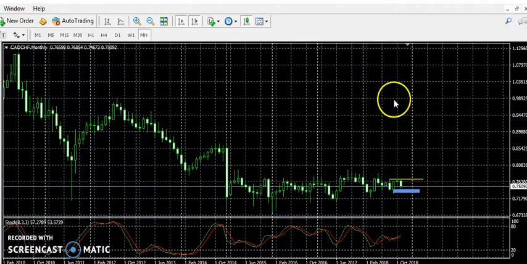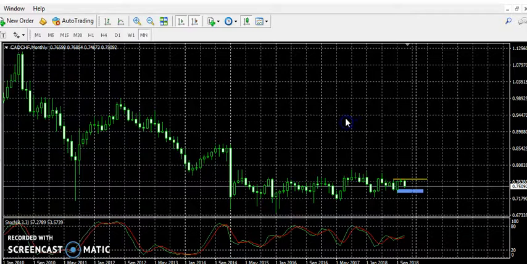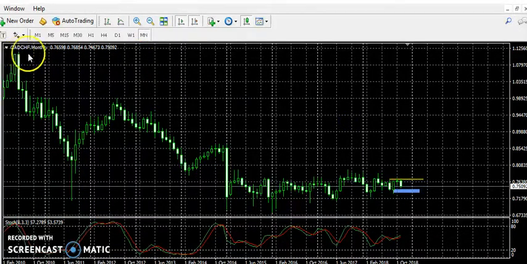This is the monthly chart for CAD franc, and as we can see from the left of the chart, we had a drop here, a rally here, a drop here, but it didn't create a lower low here, so we cannot draw a trend line here.